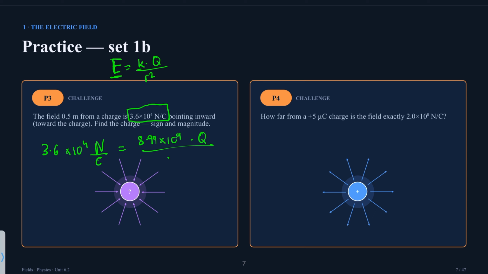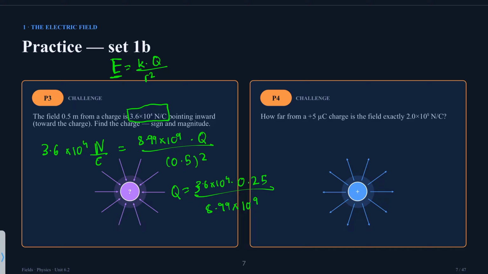So R squared is 0.5 squared. And let's see what this gives you. Before you calculate anything, we can simplify further, right? You could calculate here and then divide by Q, but we can do Q equals 3.6 times 10 to the 4 times 0.25, all of that over 8.99 times 10 to the 9.